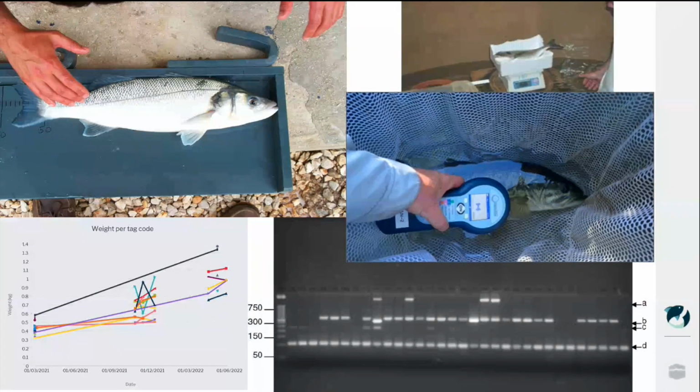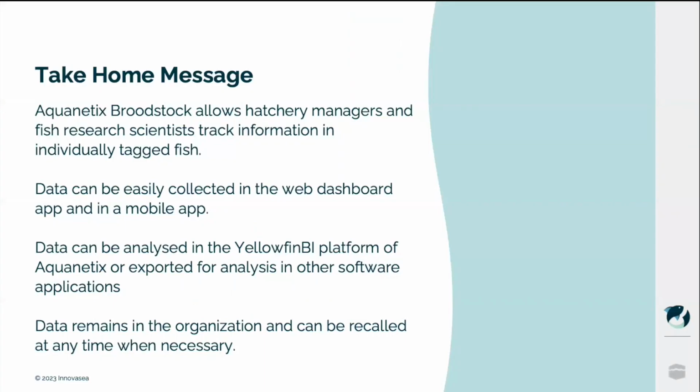Okay. And the result is that all this data is stored in the software in an organized way. You can look at it in this generation, in the next generation, and the next, and the information is all there in the same standard way. Okay, so hopefully the message I would like you to take away is that Aquanetix Broodstock allows hatchery managers and fish research scientists to track information of individually tagged fish. Data can be easily collected in the web dashboard or in the mobile app.